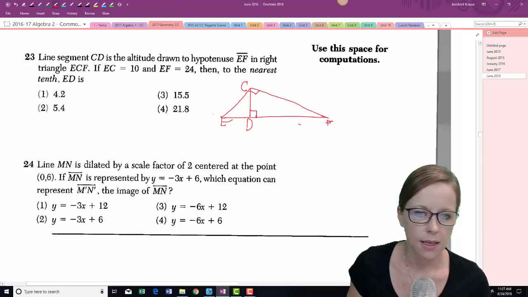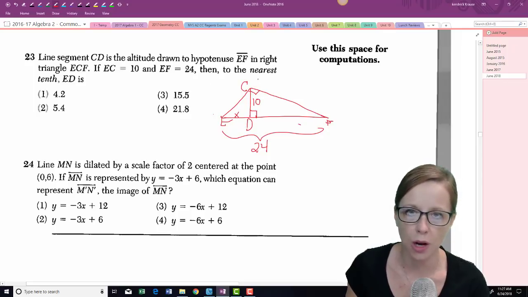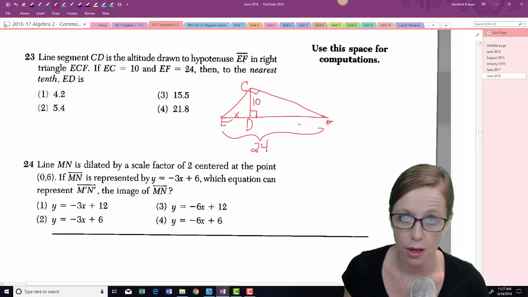Yeah? Okay. E to F is 24. E to C is 10. If they give me anything else. We are finding ED. Redraw your triangles. Redraw your stinking triangles.